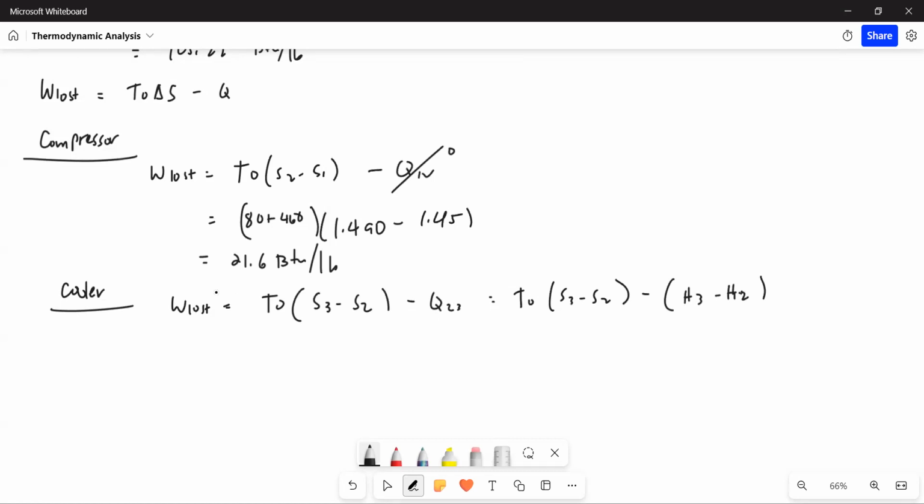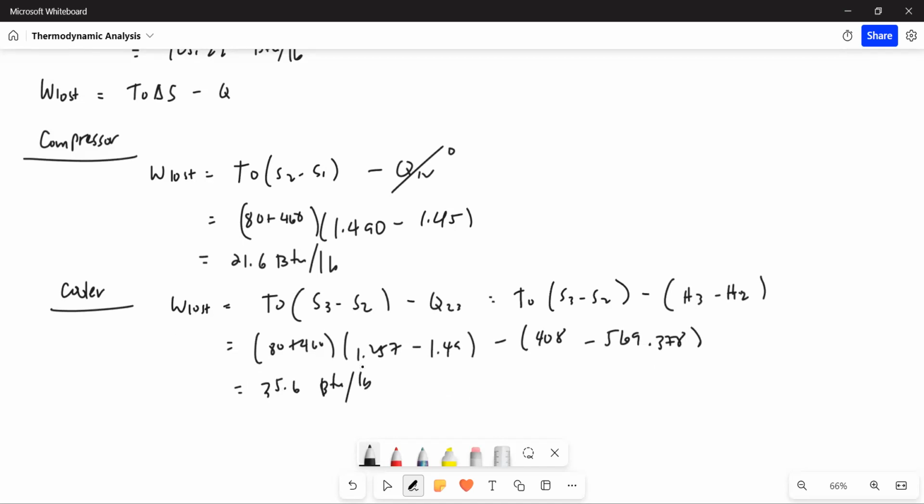Substituting the values, minus H3 minus 569.378, we will get 35.6 BTU per pound.